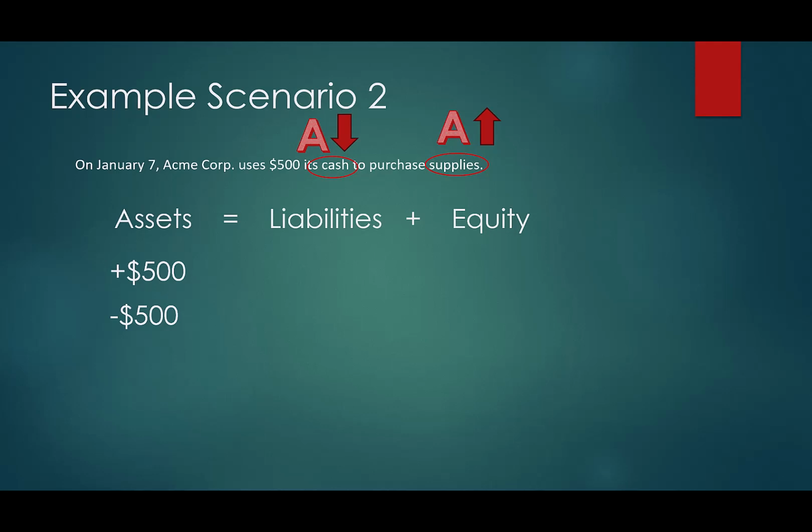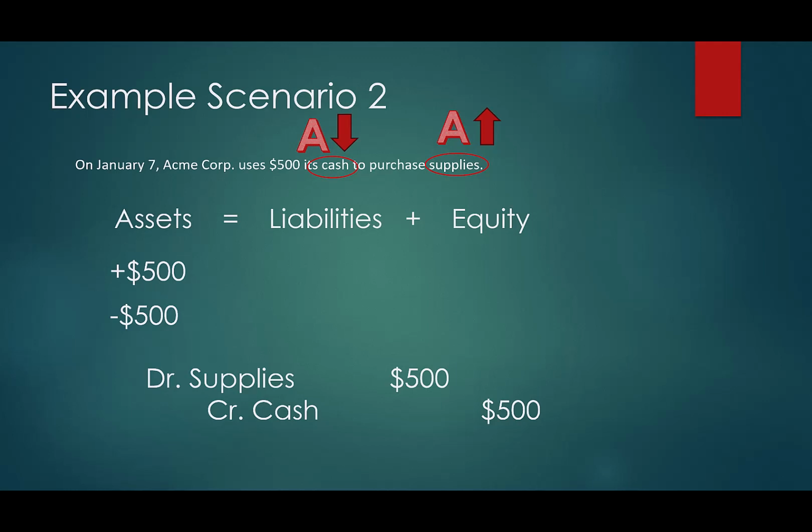So in order to record that account going up, we're going to need to debit supplies for $500. Going on to cash, cash is also an asset account, but in this case, cash is going down by $500. So in order to record that, we're going to need to credit our cash account. So in its entirety, we're debiting supplies for $500 and we're going to credit cash for $500.